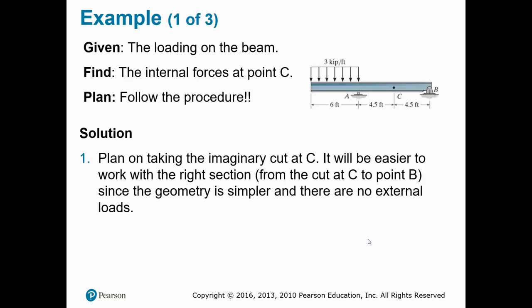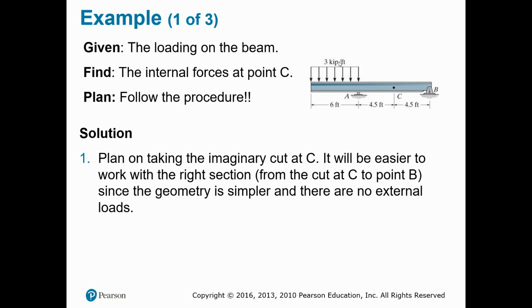We take a look at some examples together. In this one, 3 kips per foot is a distributed load. We learned in the past how to convert that into a single point load, and the location of that single point load will be in the middle because it's a rectangle.